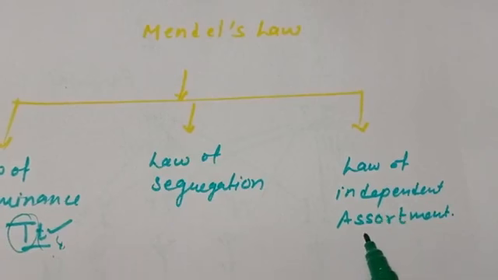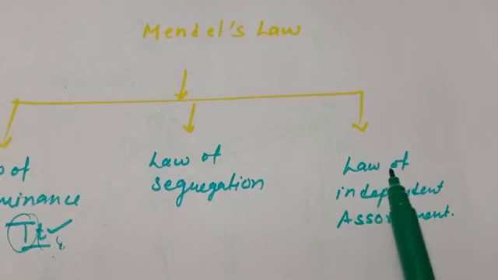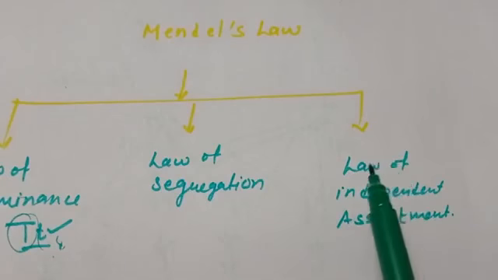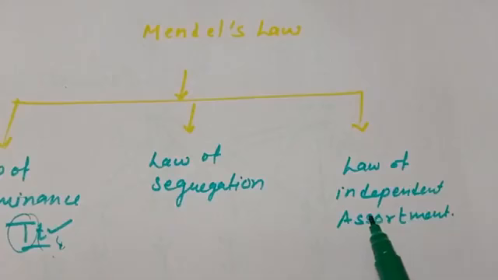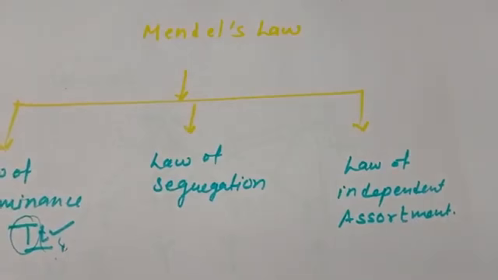For example, the inheritance of the tall character of the plant is not related to the smooth characteristic of the seed. The shape and the height are different characteristics and they do not mix with each other. They remain independent in the generations. So these two characters are inherited independently. So this was all about today's lecture.